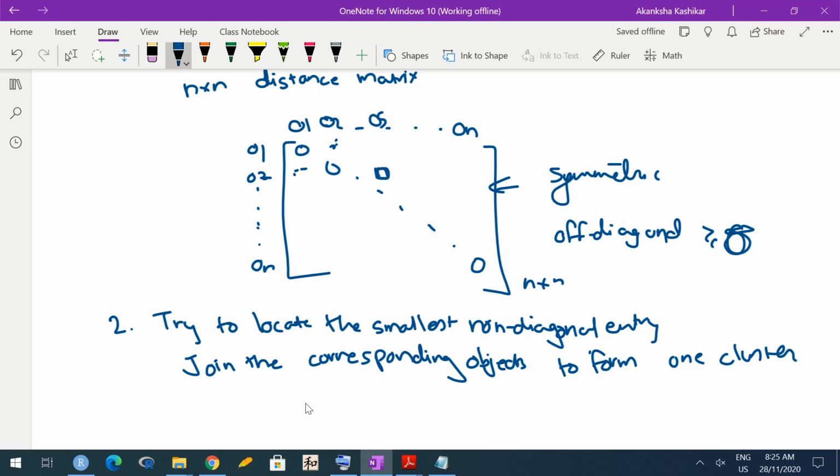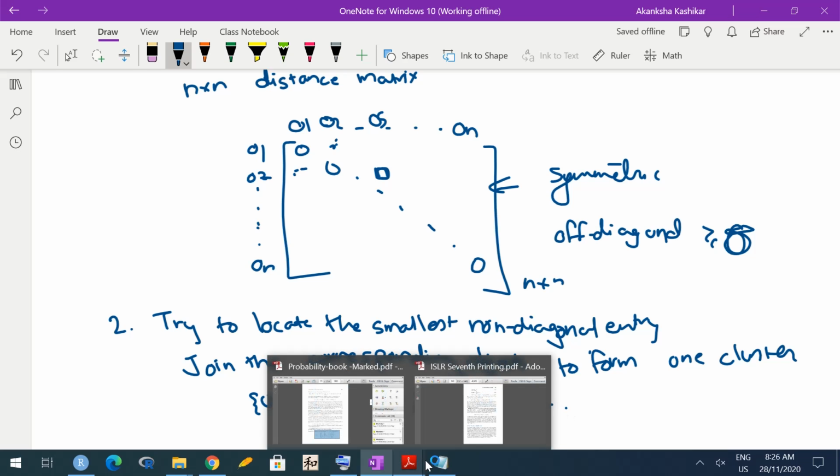So now you have O2, O5 in one cluster and everything else in their own cluster. So you will have n minus 1 clusters. O2, O5 is here and everything else is separate. So O1 is there, O3 is there, O4 is there, etc. Okay.